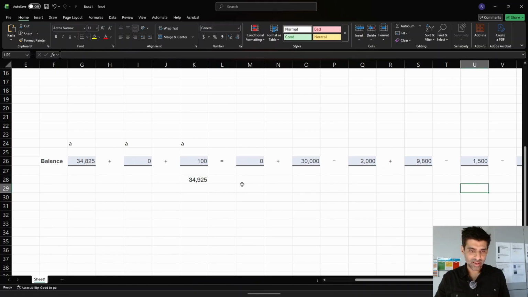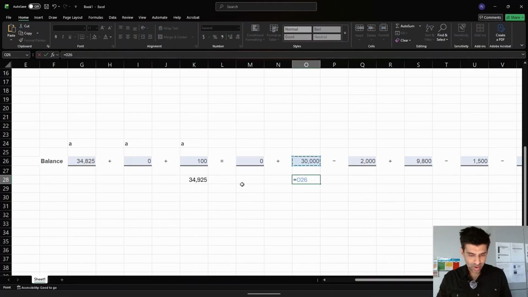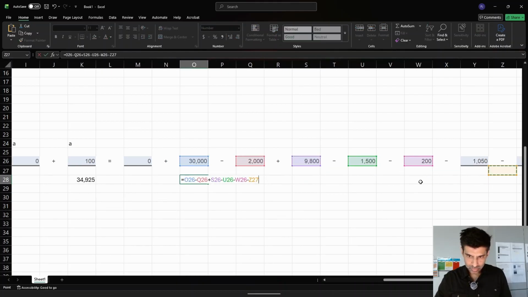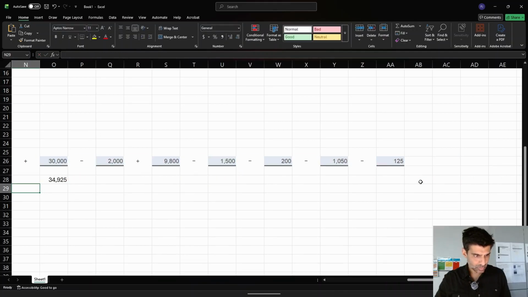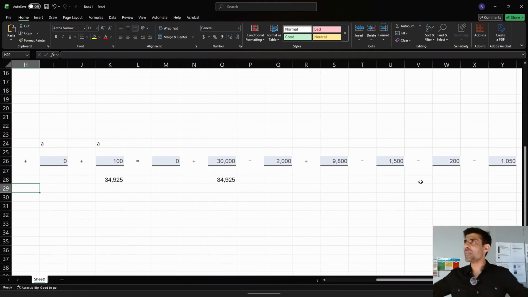On the right side, let's see what we have. We have our common stock. I think this is minus the dividends plus the revenue minus all these expense accounts. Okay, and it balances. Magic.